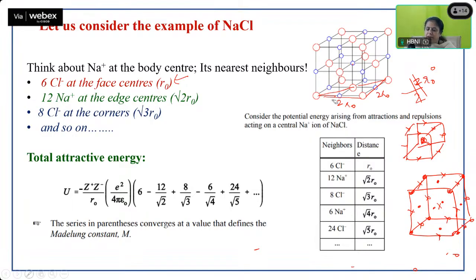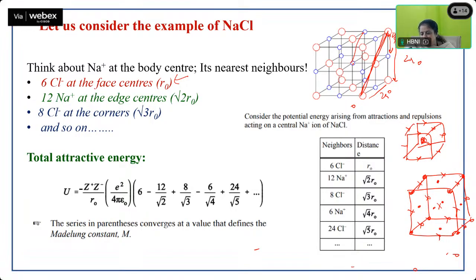I have to calculate the distance of this sodium from this sodium. Now this is almost equal to this and this, right? And what is this? This is the face diagonal. So if this distance is R0, we already decided the distance between cation and anion, then this entire side becomes 2 R0, and this side is also 2 R0.